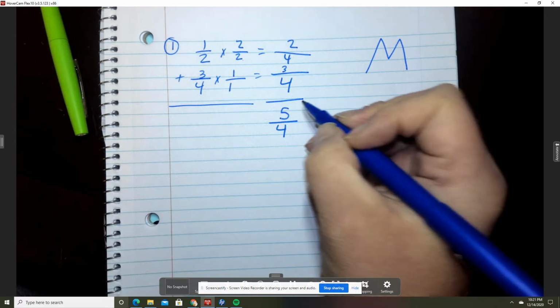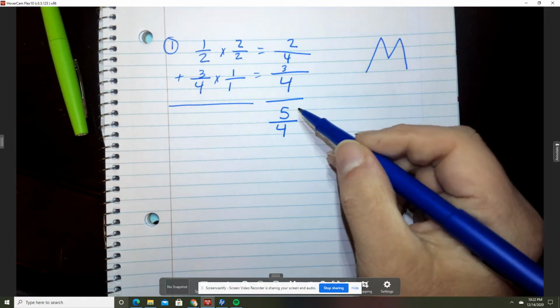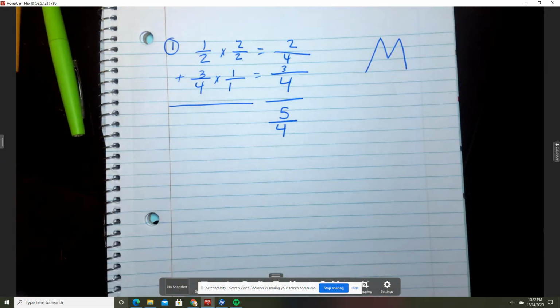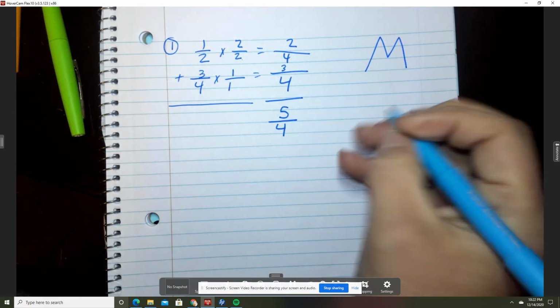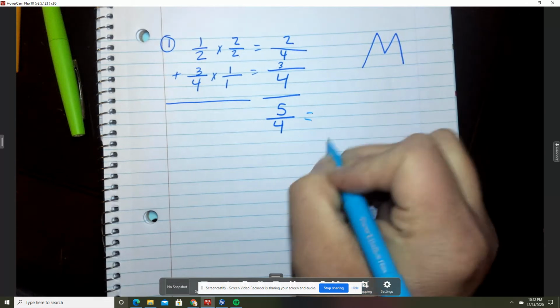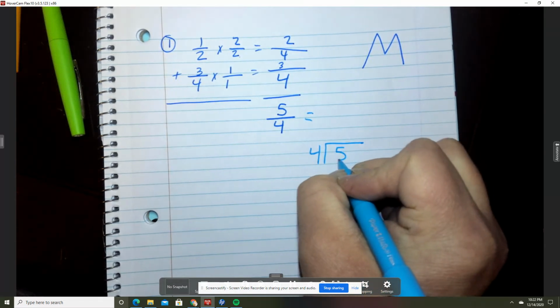All right. Now, can I leave that problem? No. This is an improper fraction, which means that it is top heavy. So I have to convert this to a mixed number. And to do that, I'm going to come down here and I'm going to say 4 divided into 5.